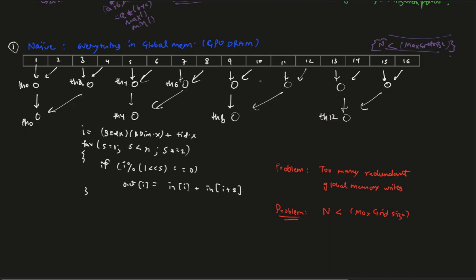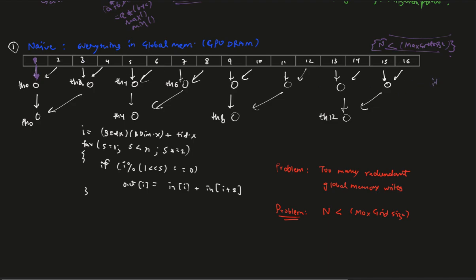What this means is we can assign each thread of our grid to one element of the array. So let's say, if this is one-based indexing, thread 0 maps to element 1, thread 1 maps to 2, thread 2 maps to 3, and so on, and thread n maps to element n.